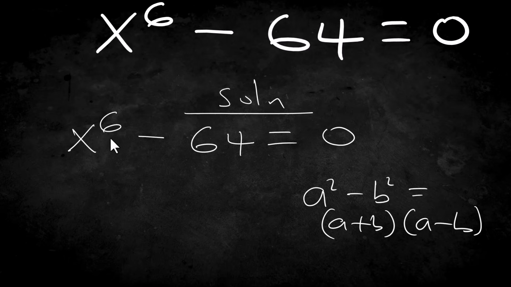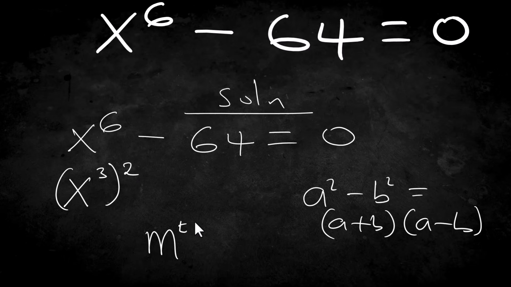So from here, we can write the power 6 here as (x cubed) all raised to 2. Now when you're given (m raised to t) all raised to x, it is the same as m raised to xt.